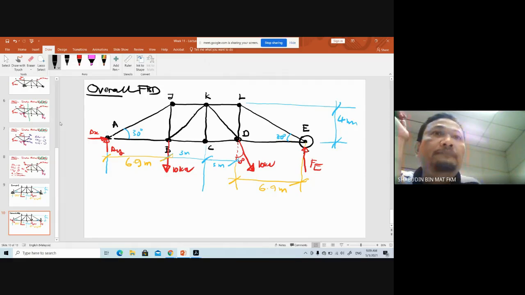Okay, overall free body diagram. This is okay. This is so simple for you.